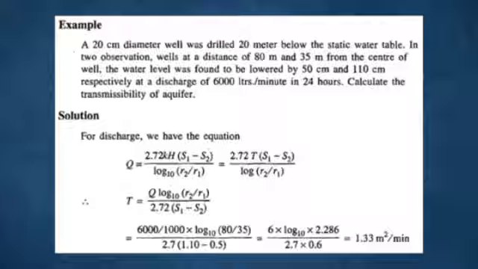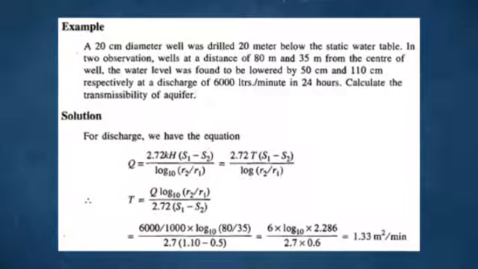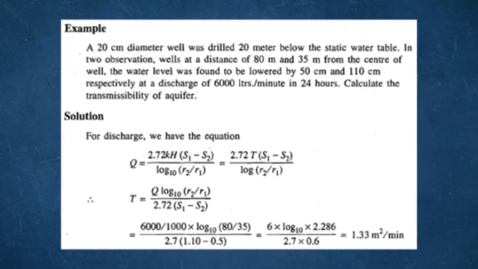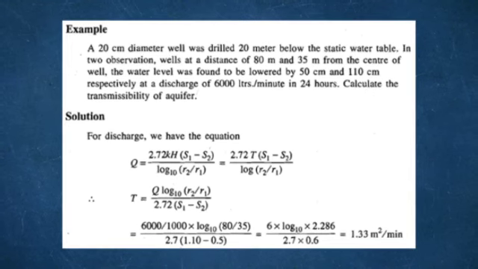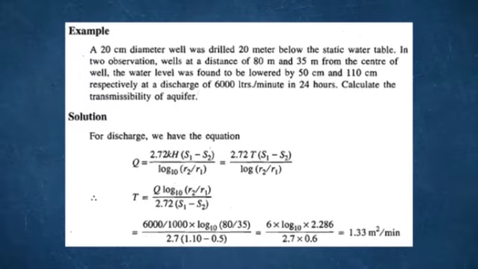Here Q is given as 6000. So put the value here in meter per minute: 6000 divided by 1000, in meter cube, into log10.